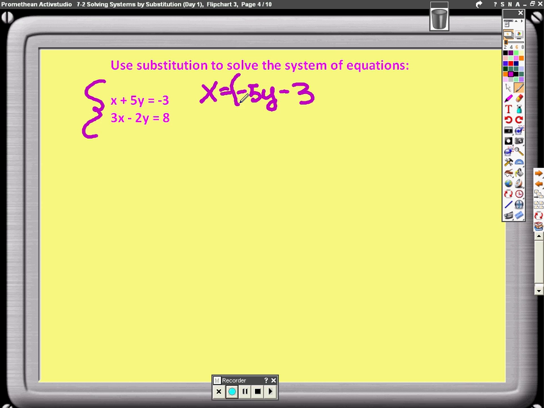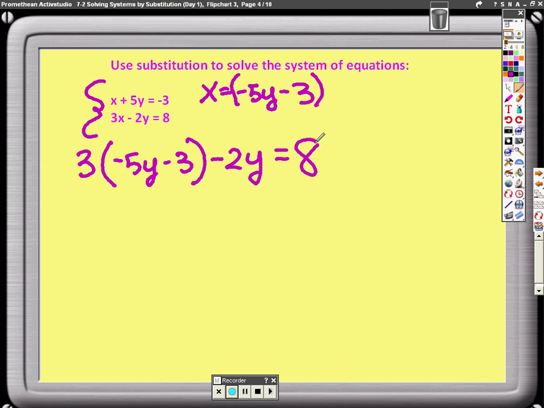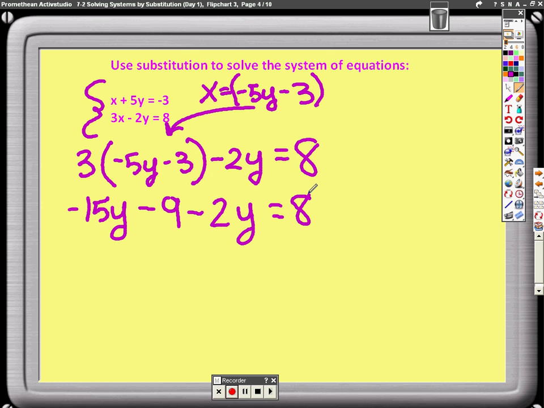So now I have a value for x that I can substitute into the other equation. So I'm going to do that with 3 times negative 5y minus 3, minus 2y equals 8. What I did, I just substituted this in for x, and now I'm going to distribute the 3 to end up with negative 15y minus 9 minus 2y equals 8.